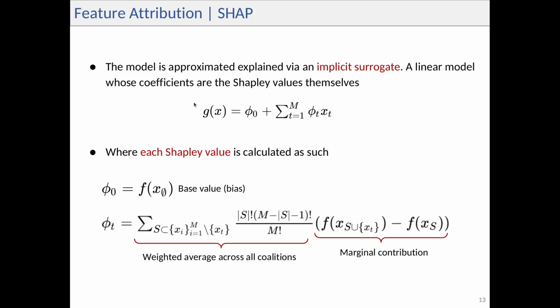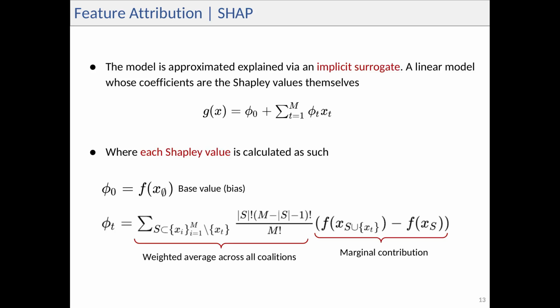And what SHAP does then implicitly is that the model is approximated by an implicit surrogate, which is a linear model whose coefficients are the Shapley values themselves, meaning that we are implicitly building a model g of x that is a linear classifier, which has this base value phi of 0, the default behavior of f when you only pass random noise in, plus the sum of all input features, where each input feature is multiplied by its Shapley value, which is the importance of that input feature.